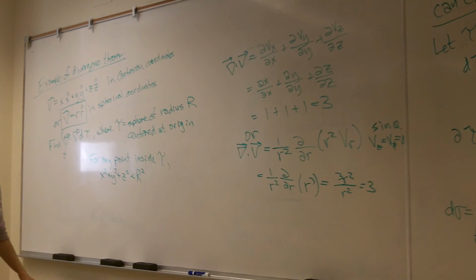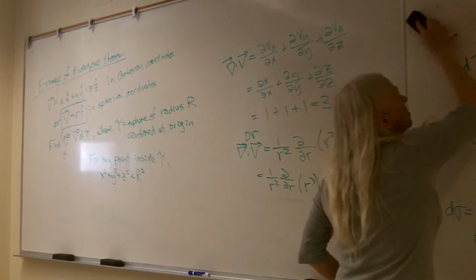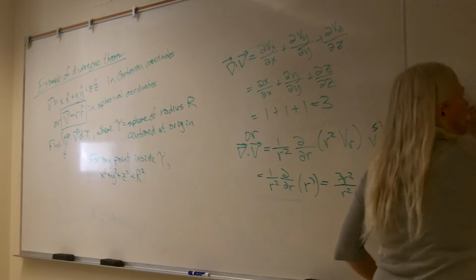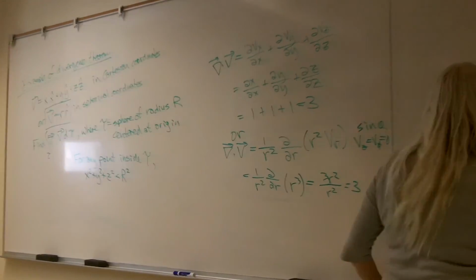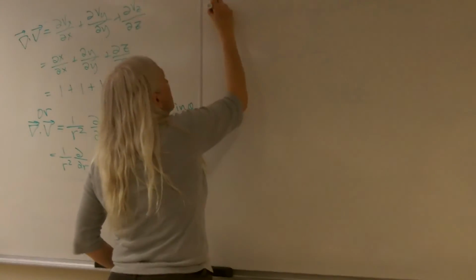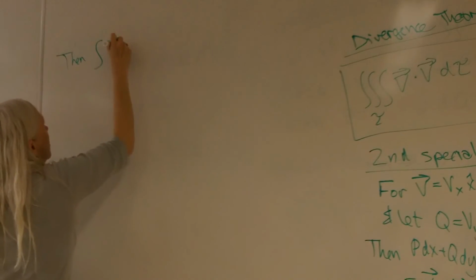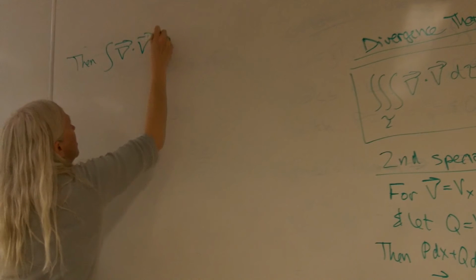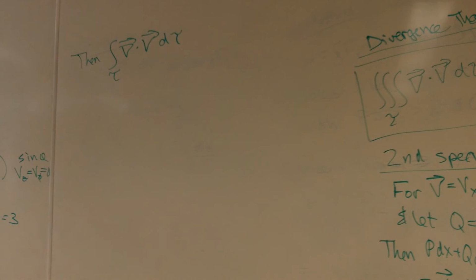Okay? So anyway, the integral that we want to evaluate is the integral of the divergence of v d tau over the surface of this, or I'm sorry, over the volume of this sphere.